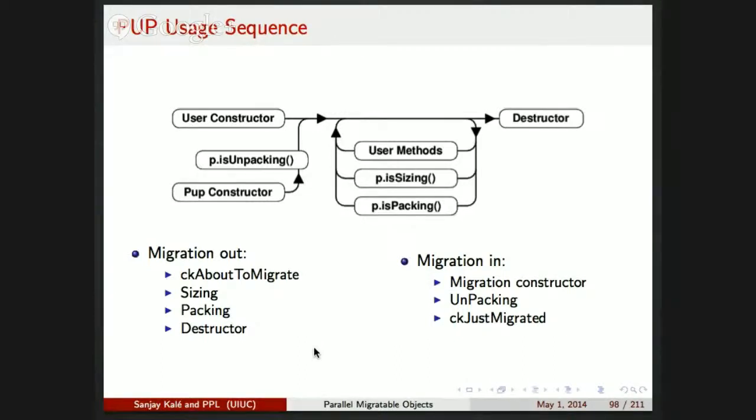So you get that migration constructor, which does as little as possible, because we're going to unpack over anything that it wrote. And then there's this separate call to say, okay, I've finished unpacking you. If you need to do anything to move into your new home, pick up local references to other objects or things like that, you can do that there.